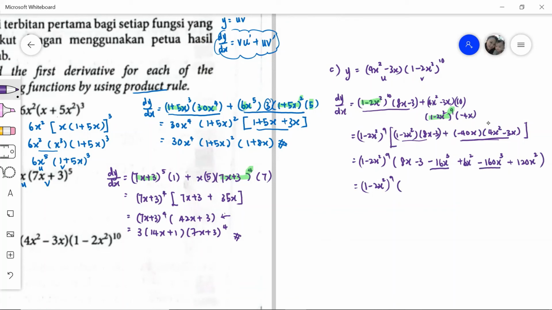So we have negative 176x cubed and followed by the x squared. So we have 6x squared and 120x squared. So that will be plus 126x squared. And that's it. Just copy the rest, plus 8x minus 3. So we can leave this as our answer.